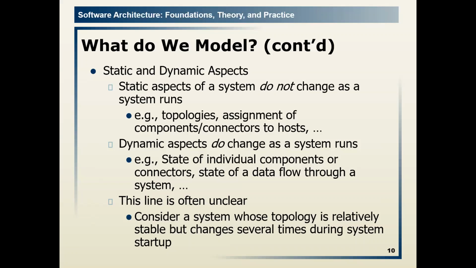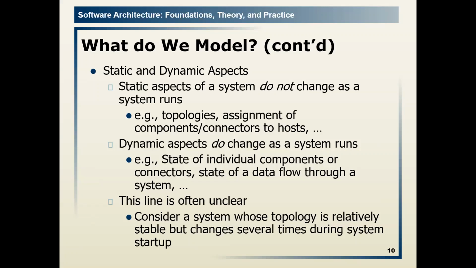Right? So that's the concept of dynamic in here. So static aspects of a system do not change as a system runs. So just because the system is running, the static diagrams do not change, right? So for example, all the UML diagrams we have learned in the previous courses.